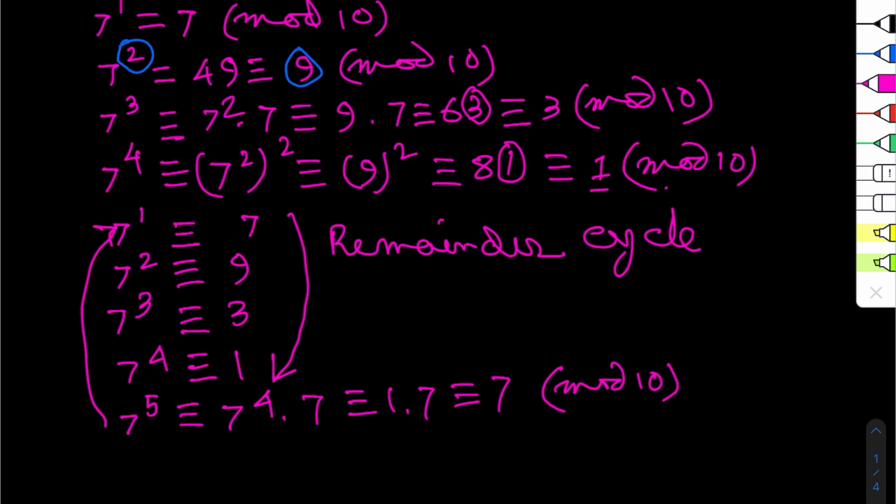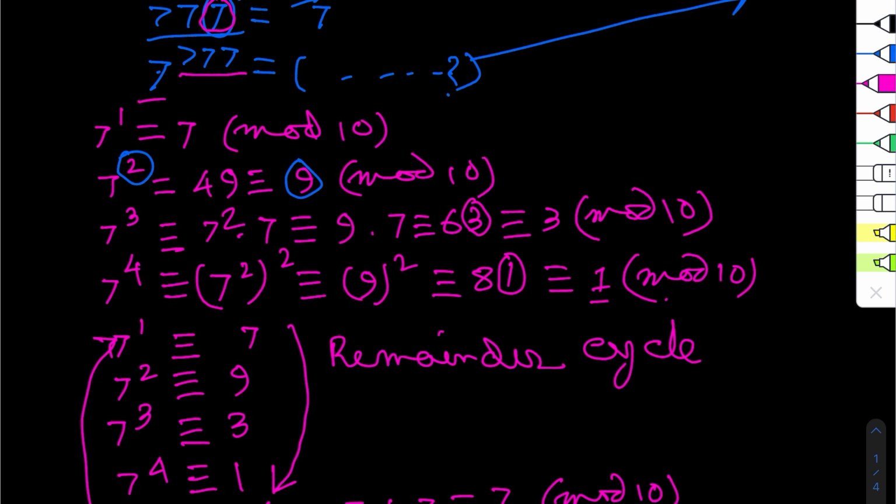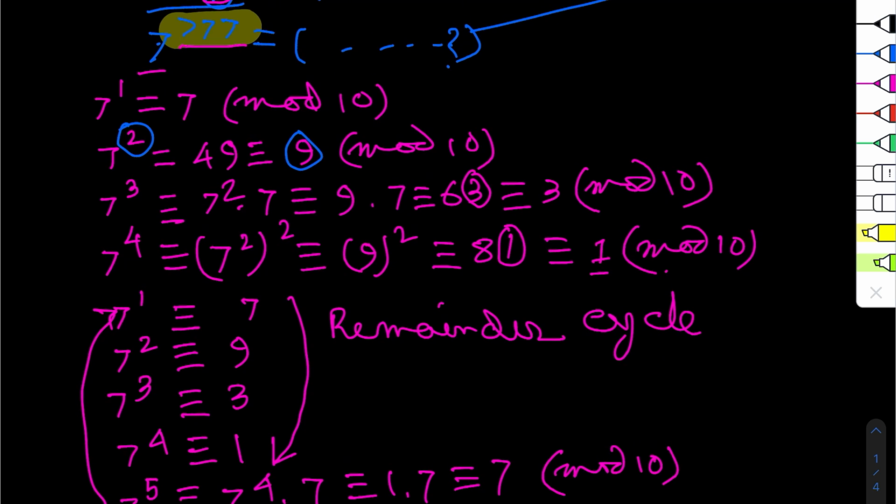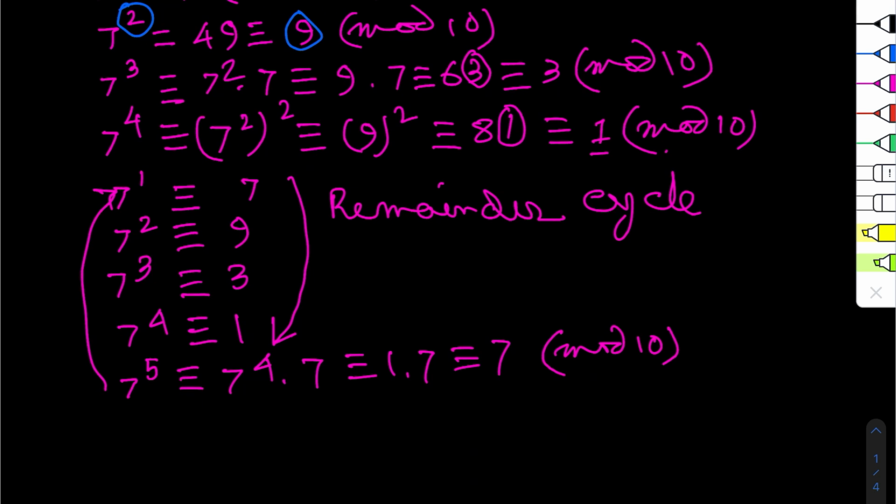Here the power is 7 to the power 777. So 777 is the power. If we write this 777 in this remainder cycle, what will be its position?